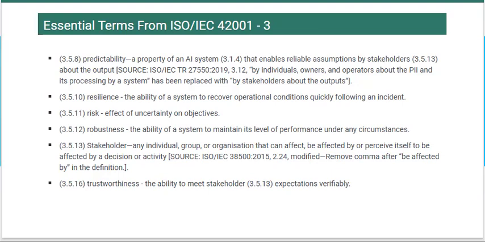Source: ISO/IEC 38500:2015, 2.24. Modified: remove comma after "be affected by" in the definition. 3.5.16, trustworthiness, the ability to meet stakeholder expectations verifiably.